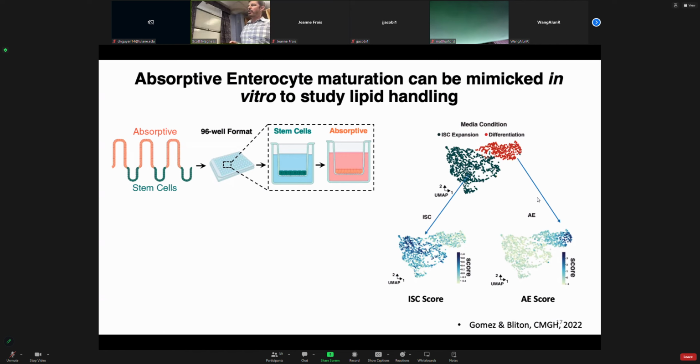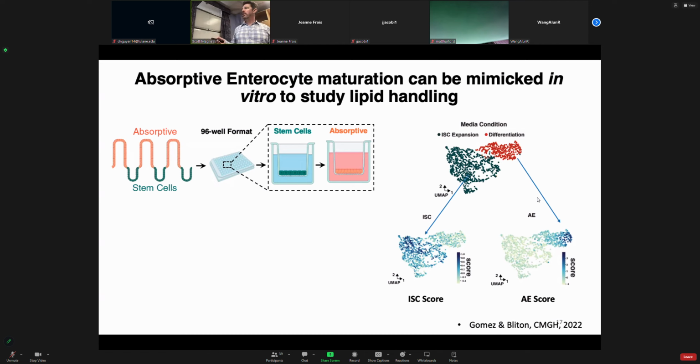If you follow the arrows down, you'll see that the blue cells are cells where we basically had a stem cell score and a differentiated absorptive enterocyte score, which is based on a whole set of genes. I think it was like 20 different genes. If you have a higher score for all of those genes and the magnitude of the expression of those genes, it's bluer. So you can see in the expansion media that most of the cells are very highly blue.